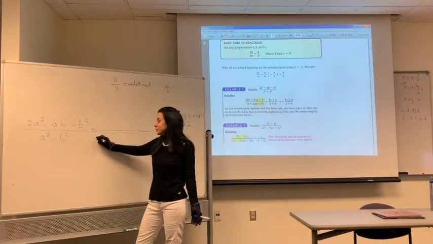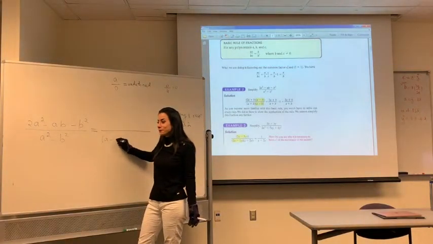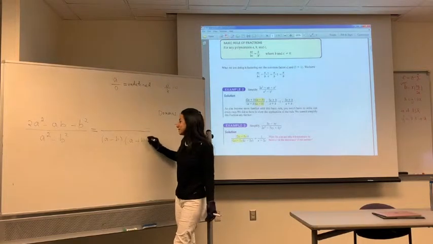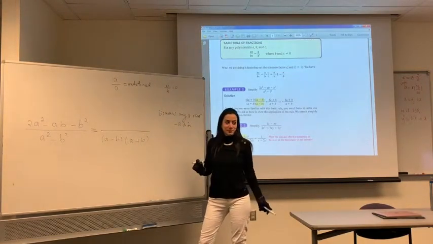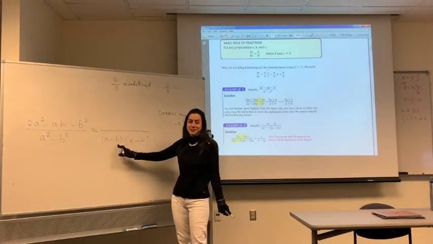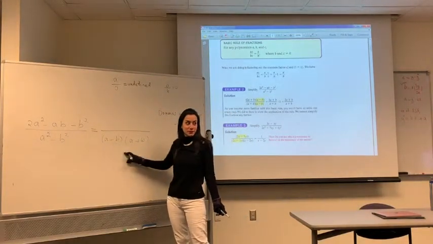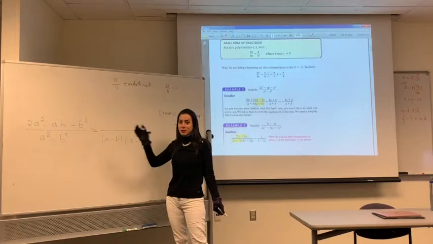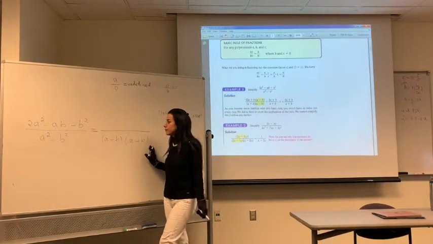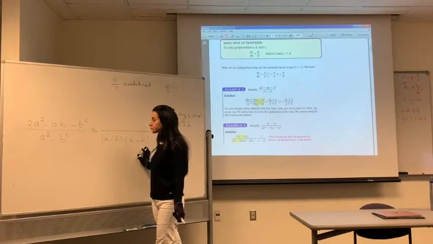The difference of them multiplied by the sum, so a minus b times a plus b. It is like x plus m, x minus m. This is different from x plus m, x plus n, right? So this is the form we can write it down.